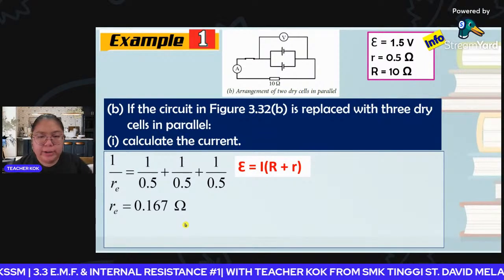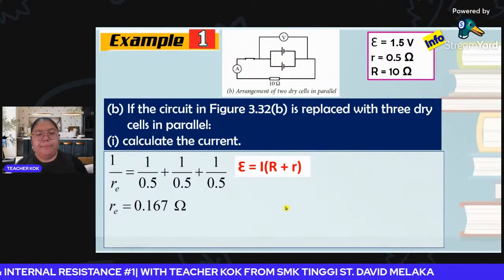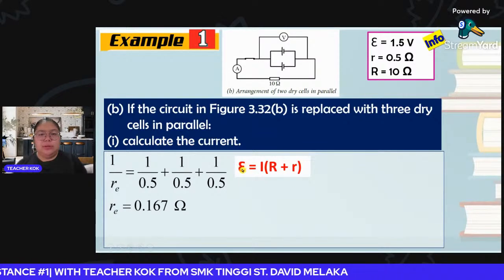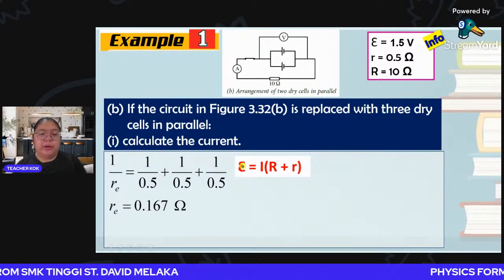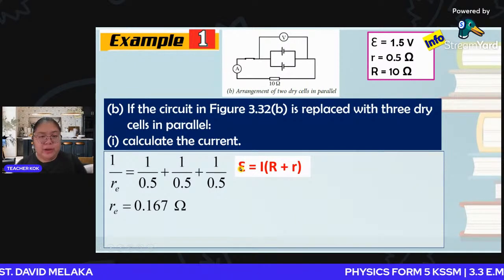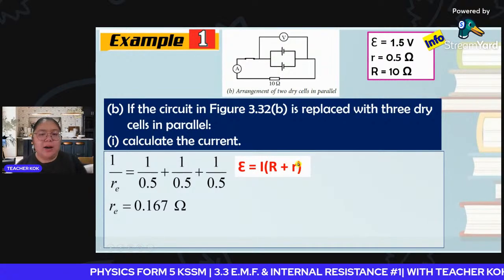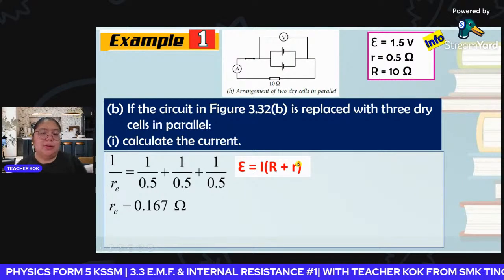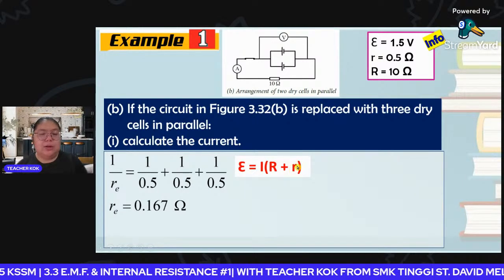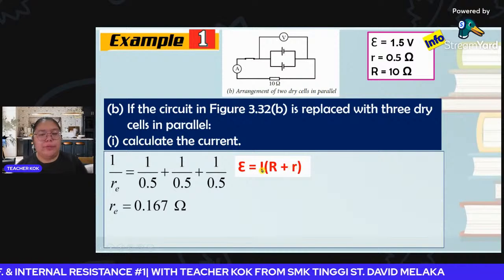Okay, the students, you can try. You think about that. The EMF is still 1.5 because you add as a parallel. So 1.5 fixed. After that, the current we don't know. R, capital R, is also fixed. Then the small r becomes smaller. The r becomes smaller. So from here, what happened for the I?